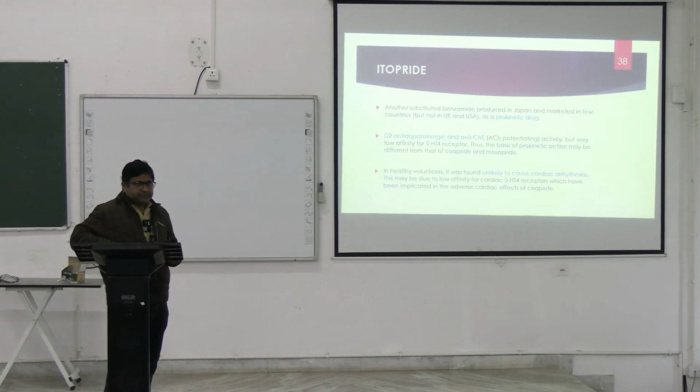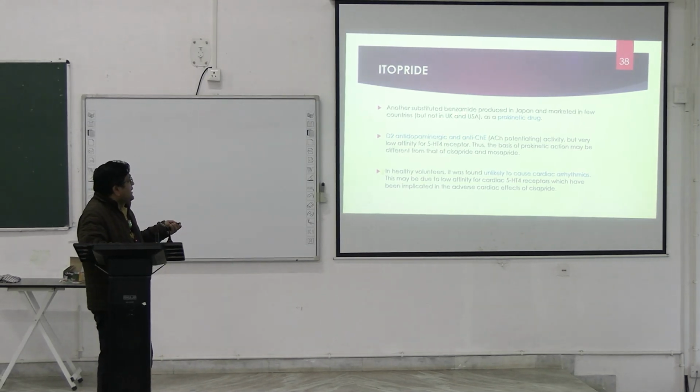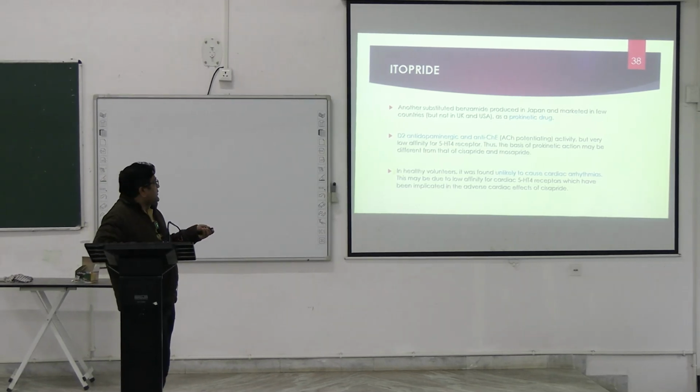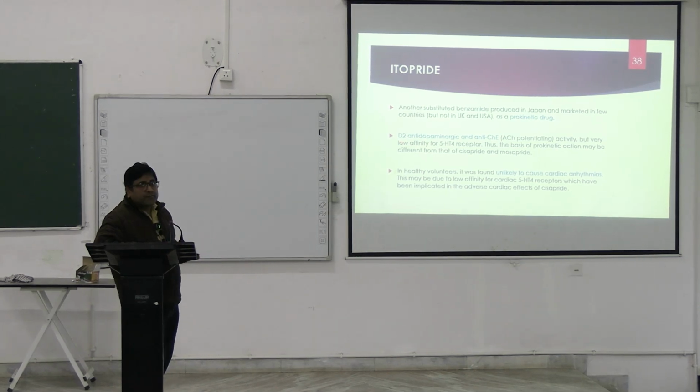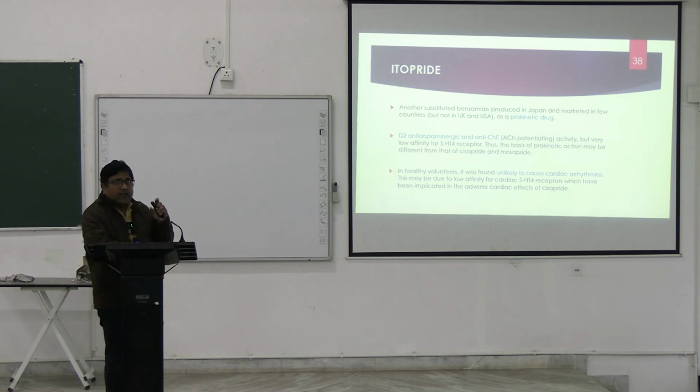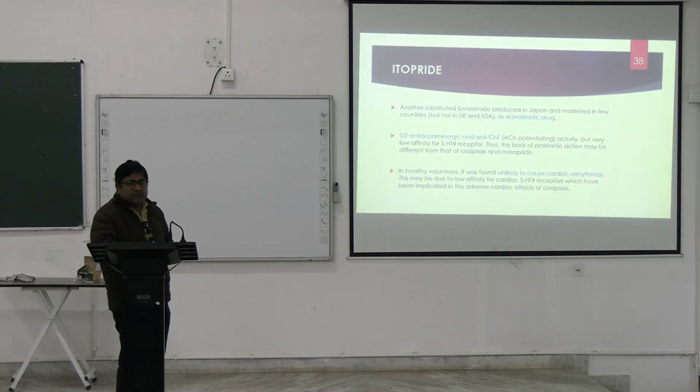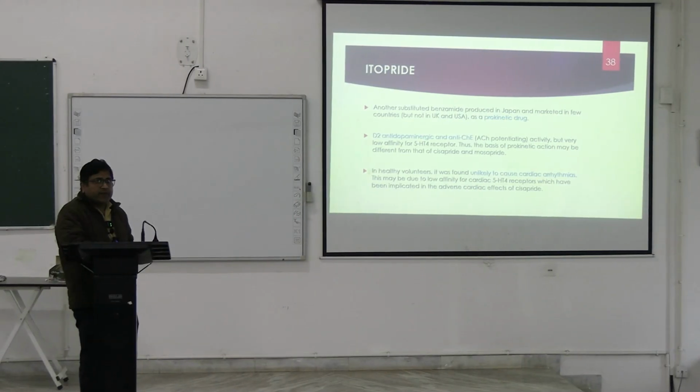Itopride. Now itopride is another substituted benzamide produced in Japan and promoted as prokinetic drug. Now D2 receptor antagonistic action is there, and anticholinesterase activity is also there with low affinity for 5-HT4 receptors. They are unlikely to cause cardiac arrhythmia in healthy volunteers, so more safe compared to cisapride and mosapride.